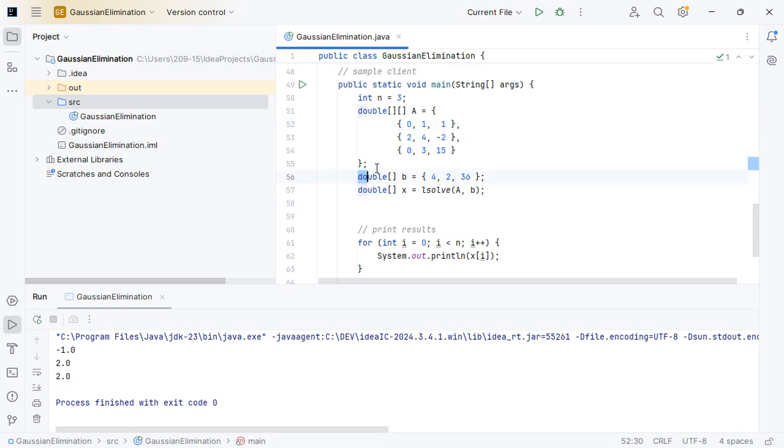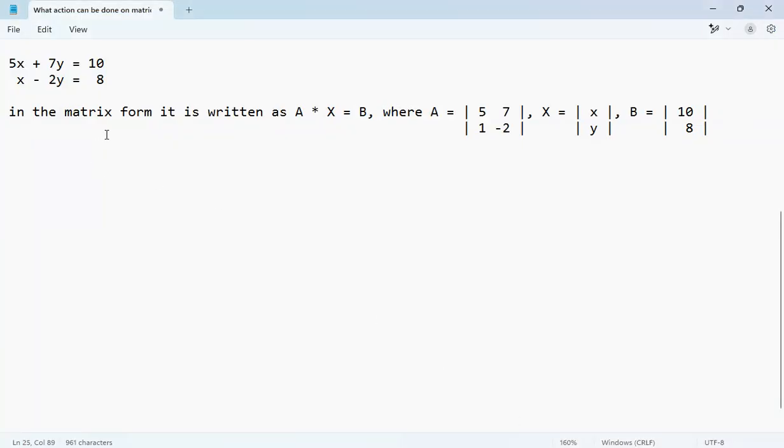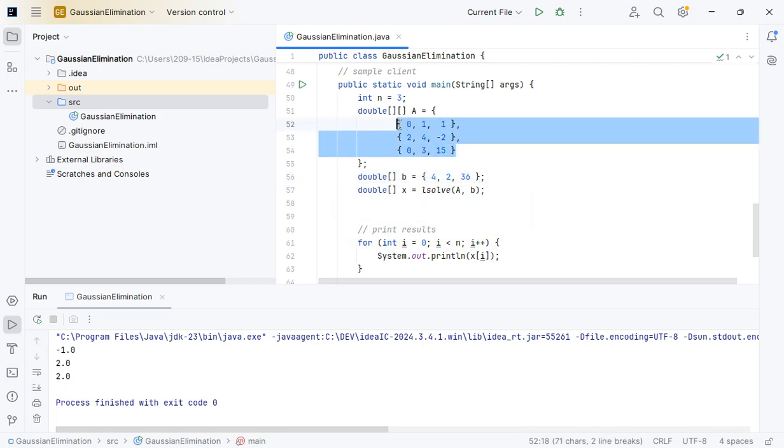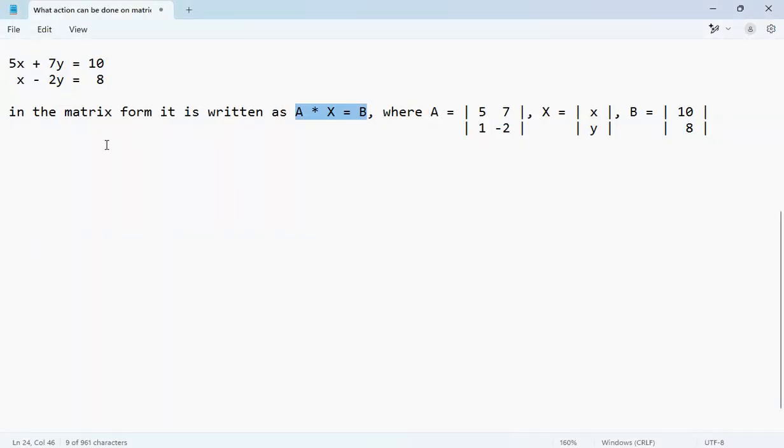Here you have defined the B array and X. If you remember, I told you that we have this matrix and this equation. I can reconstruct it so that you better understand. If I copy that to my notepad, then I have this array for A.